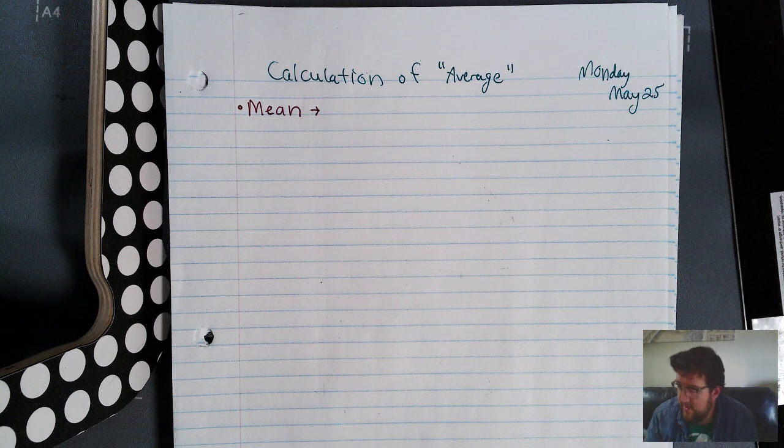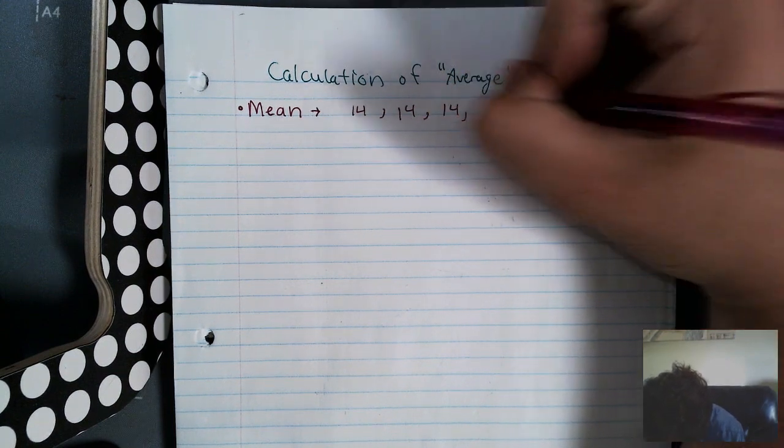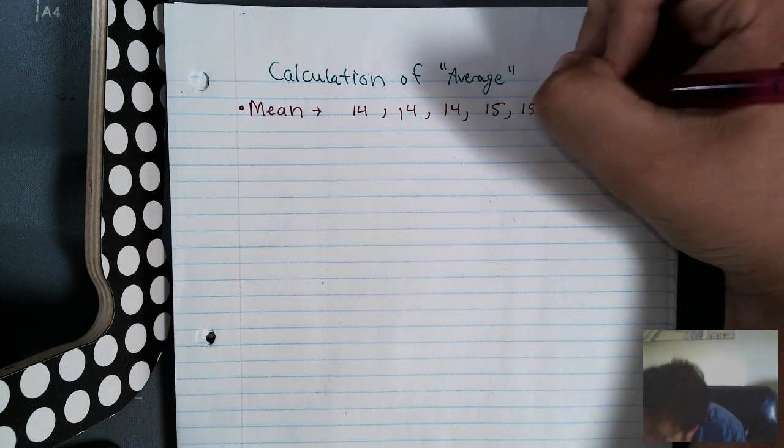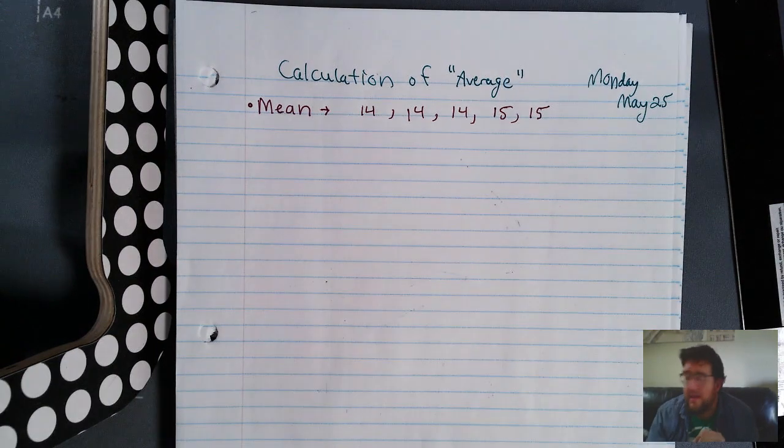I'm just going to put down a quick random data set: a 14-year-old, another 14-year-old, another 14-year-old, a 15-year-old, and another 15-year-old. Those are the 5 students in our class, but let's add a couple more just for fun.